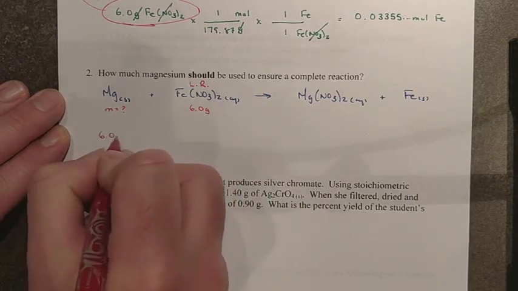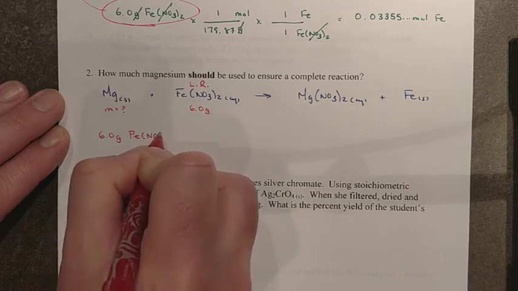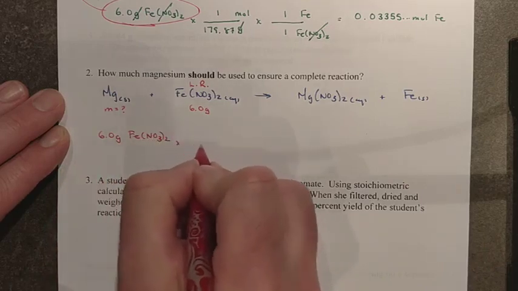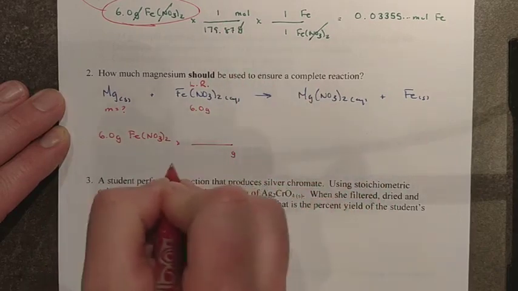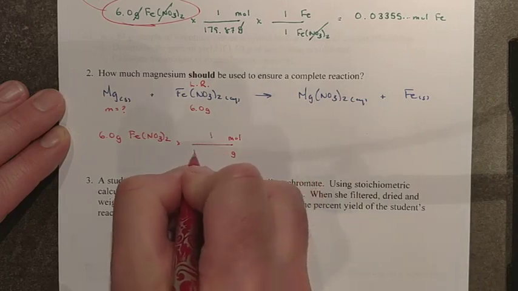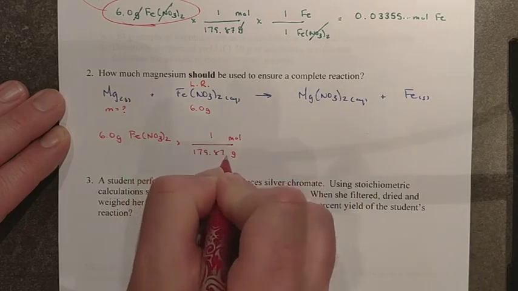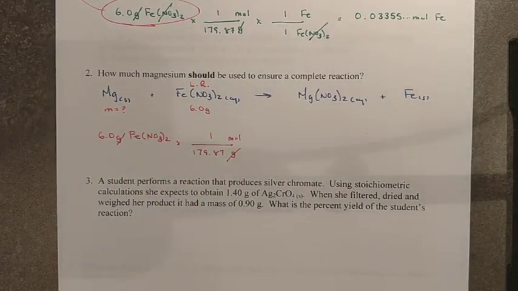If I start all over again, I now have 6 grams of my iron 2 nitrate. I need to convert that to moles. So I'll use my same mole fraction, grams on the bottom to cancel, moles up top, and 1 mole has a weight of 179.87 grams. Awesome. Now I'm in moles of iron nitrate.